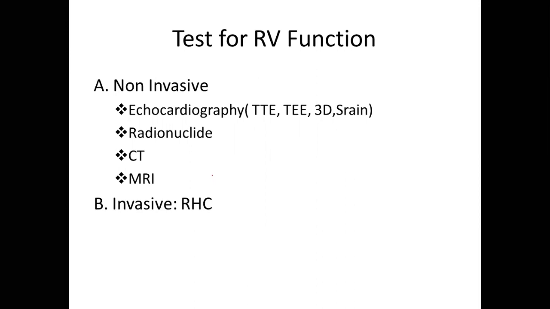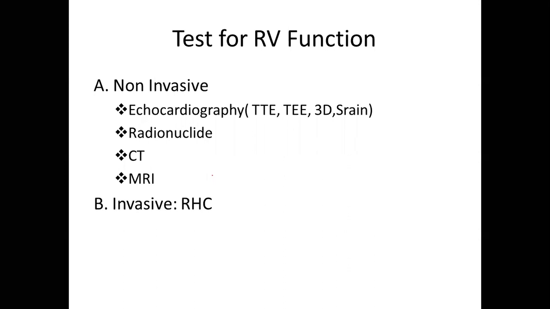With regard to non-invasive, echocardiography is the most commonly used and widely available, and critical information can be obtained. In the majority of cases, we can reach a specific diagnosis and demonstrate the presence of RV failure. What are the types? Transthoracic, with certain limitations, and transesophageal, which gives better evaluation of RV morphology and resolution.